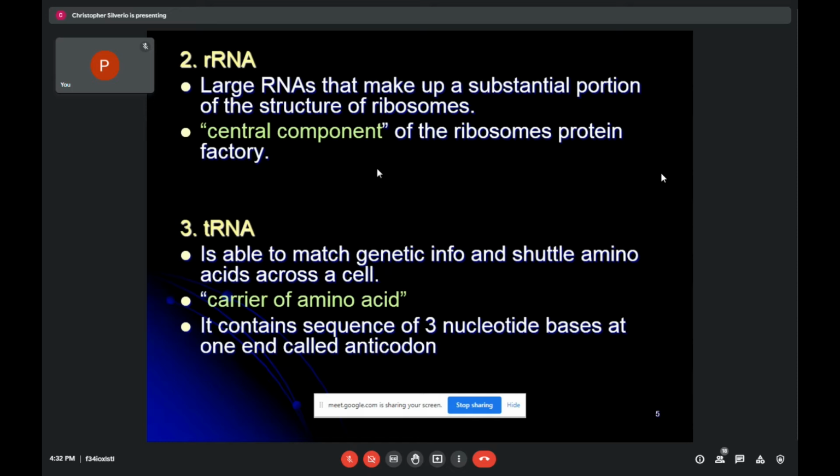So the anticodon is being carried by the transfer RNA, and the codon is being carried by the messenger RNA. Always remember that, class.